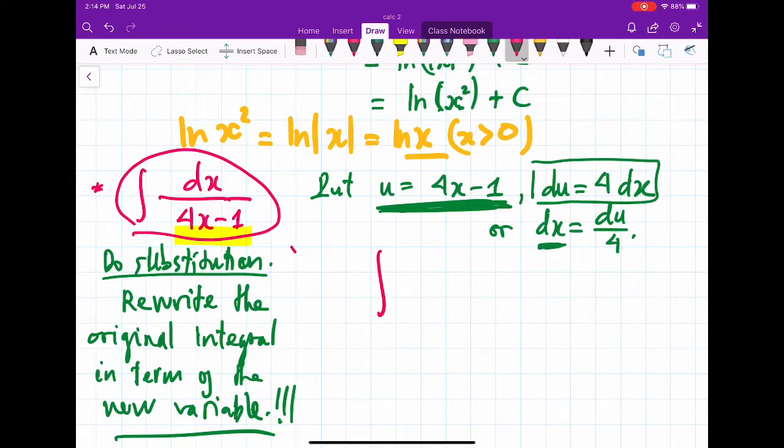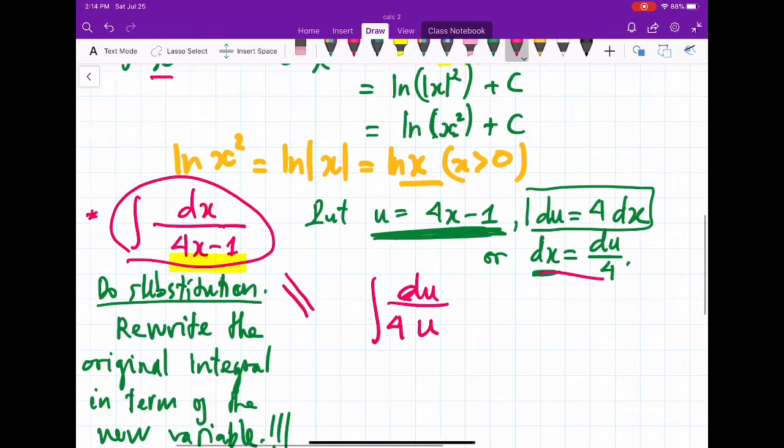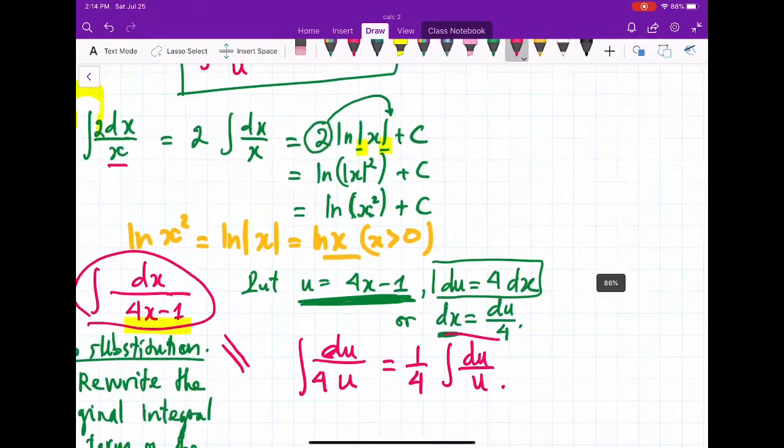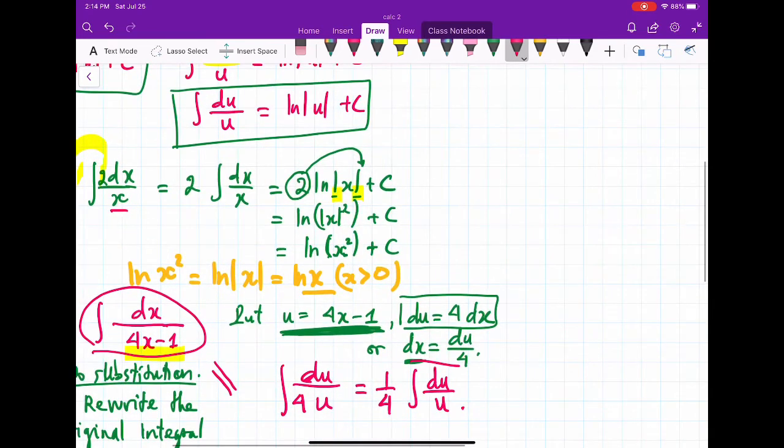I write dx is du over 4, sorry, I have du over 4. And 4x minus 1 is just u, you see. And since 1/4 is constant, I can write just 1/4 right here. And then that is du over u. We can use the second formula right here.